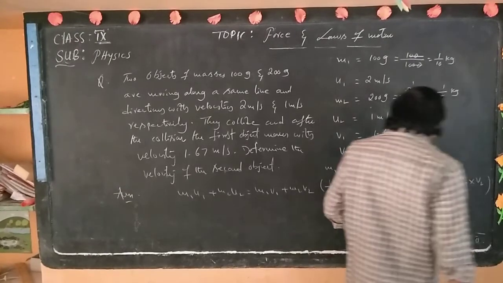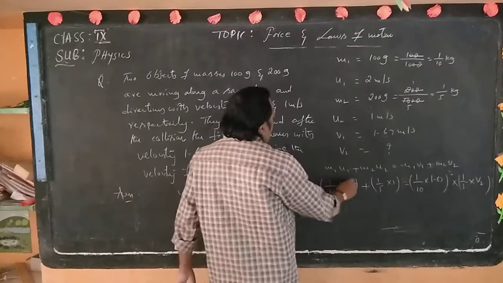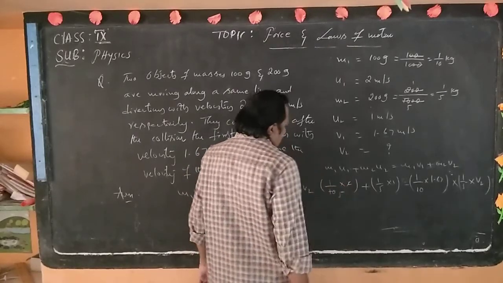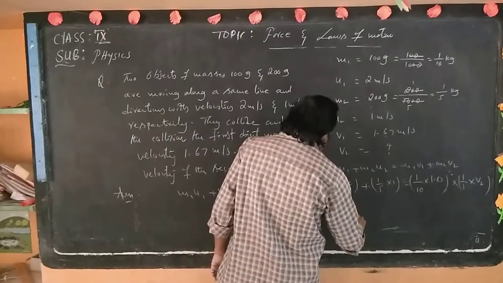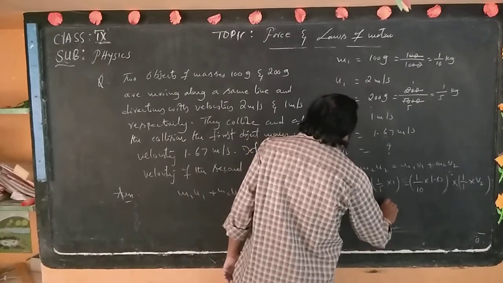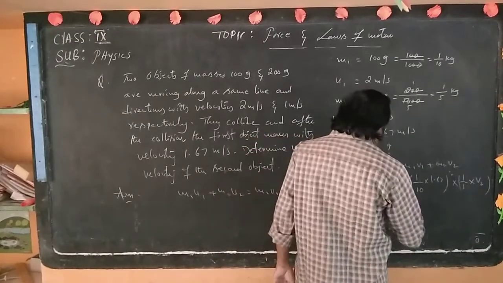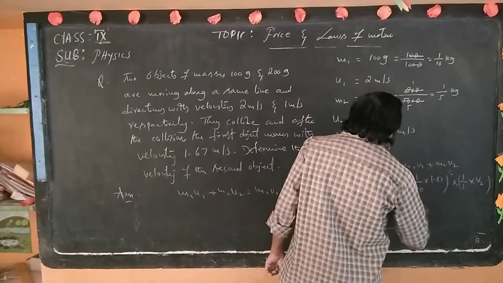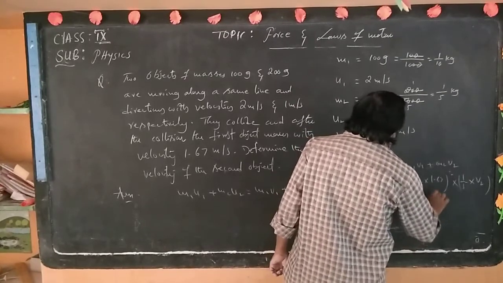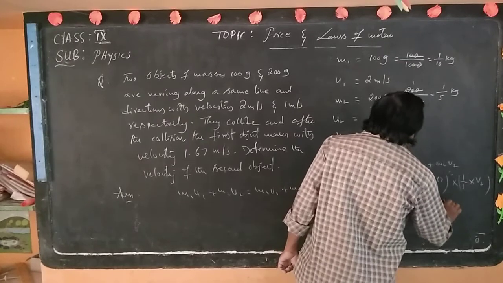What do we get here? 2 by 10 plus 1 by 5 is equal to 1.67 by 10 plus 1 by 5 into v2.